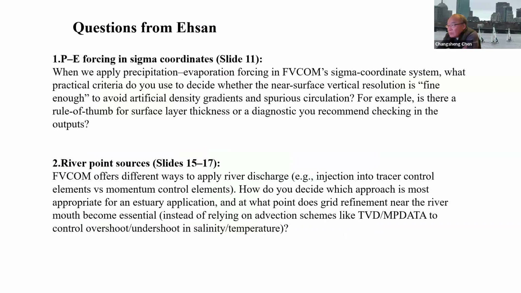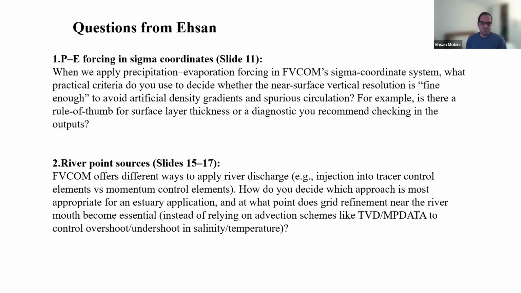I wanted to know the practical criteria to decide whether the near surface vertical resolution is fine enough to avoid artificial density gradient, and is there, for example, a rule of thumb criteria to consider or not.